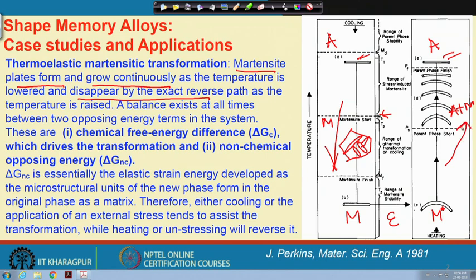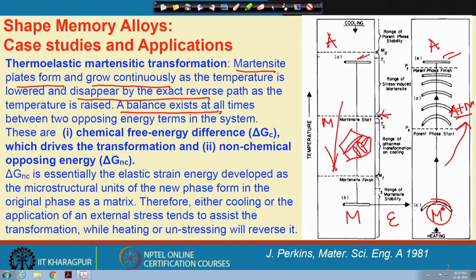So, that means that we have martensite which has been deformed, however, it should simply disappear by the application of thermal energy or temperature. So, there should be a balance at all times between two opposing energy terms in the system.